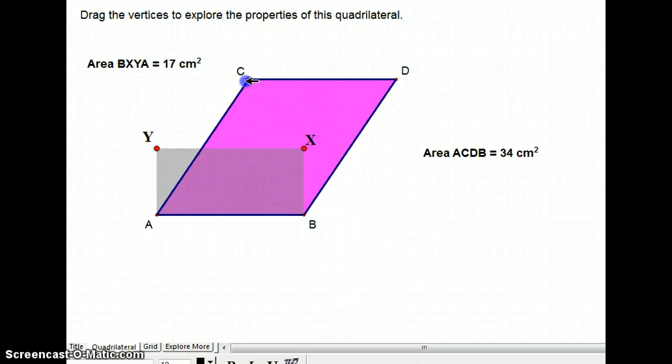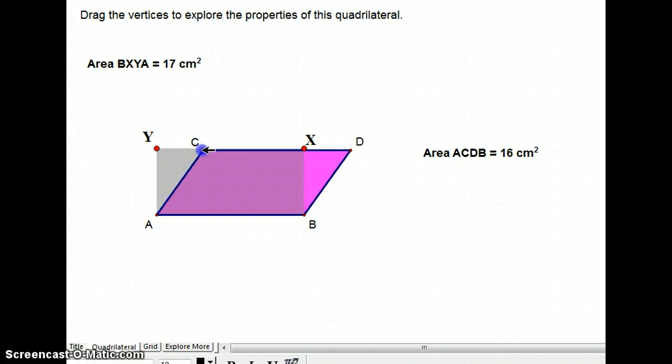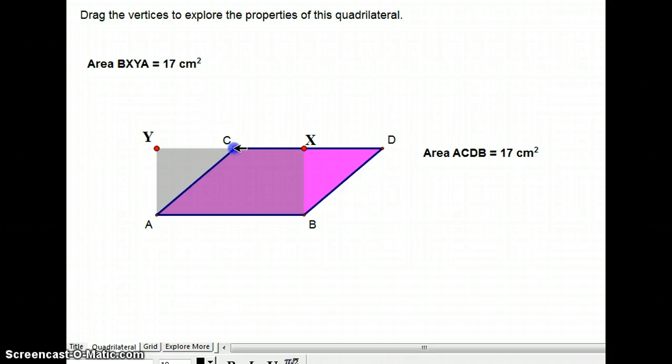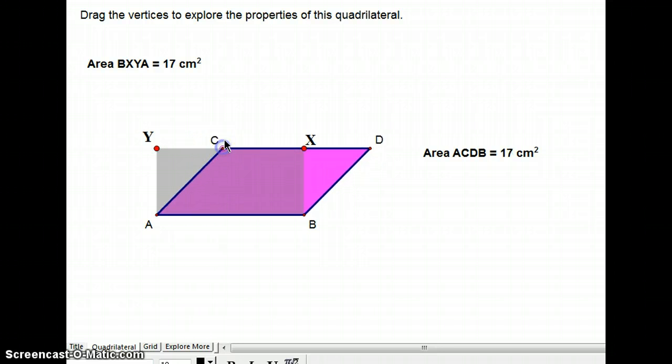I can wiggle this around and it'll change, of course, but if I set this up so it's exactly there, it shows you that they're both 17. But watch what happens when I slide this straight over. If I leave it right on the line there, it's also 17. I'm wiggling a little bit, but I'm just trying to illustrate here the area of a parallelogram.